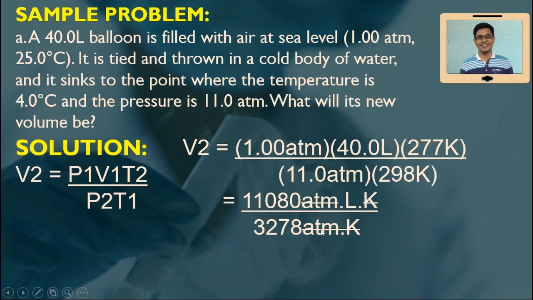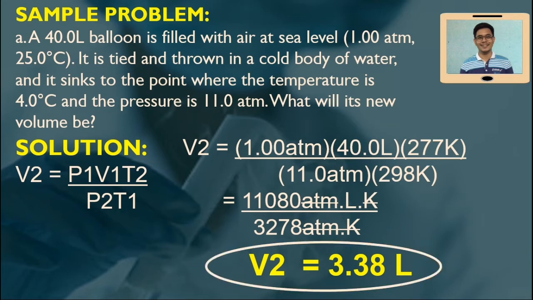And then divide this 11,080 to this 3,278, which will give you the answer for our final volume, which is equal to 3.38 liters. So therefore, the new volume is 3.38 liters.